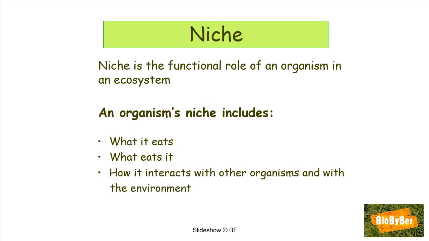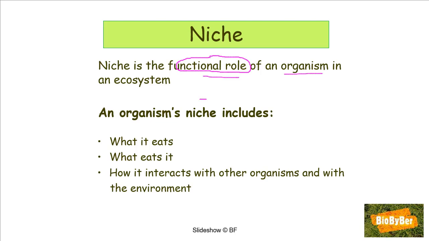Now we need to understand the word niche. A niche is the functional role of an organism in the ecosystem. In other words, the term niche means what job does an organism do in the ecosystem, out in nature? What is its role?